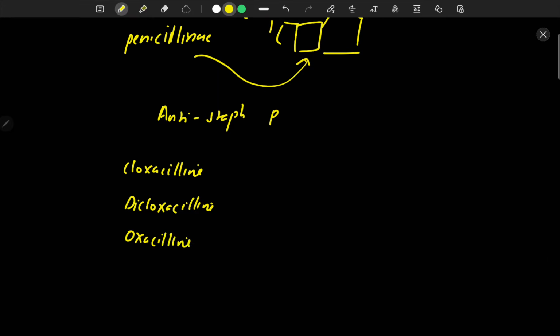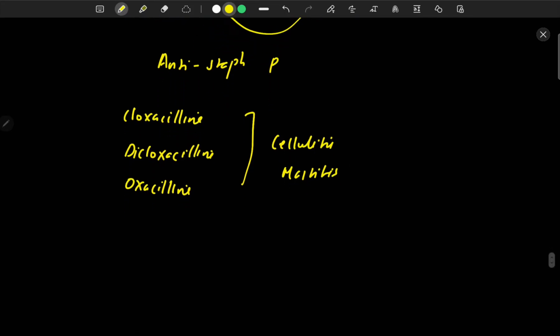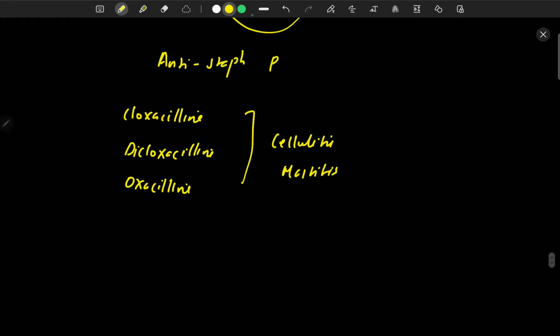These are used for mild to moderate local infections such as cellulitis and mastitis. Oxacillin is the hepatotoxic penicillin.